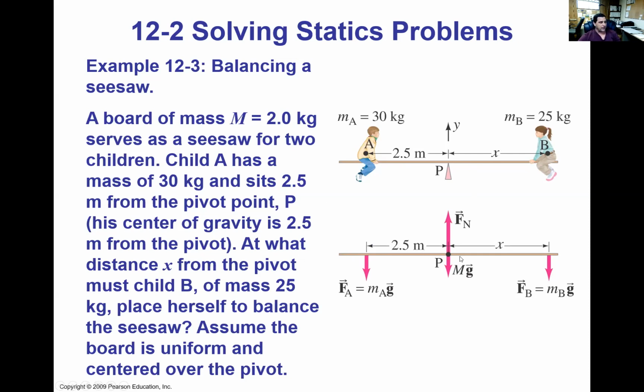So I am not going to redraw this picture. I'm not going to redraw this free body diagram because the free body diagram is done for us, right? So mass of child A is here, mass of child B is here. They want us to find this distance.